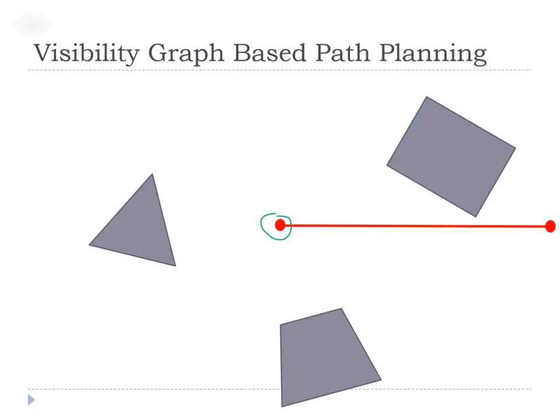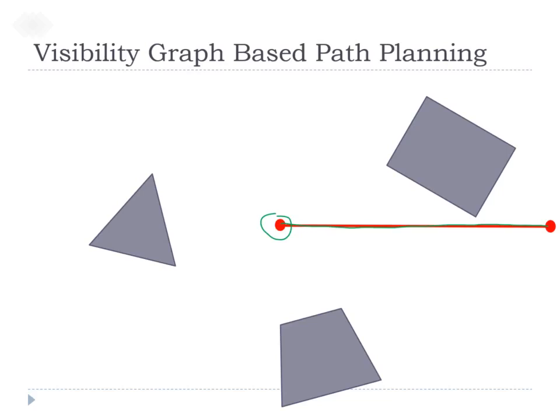Let us assume that the robot is equipped with an infinite range sensor and it is rotating its sensor in all the directions through 360 degrees. Starting with the direction in which it is viewing, let this be the line of sight of the robot currently.